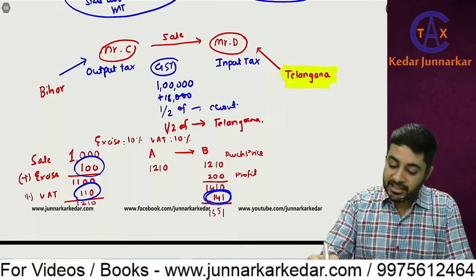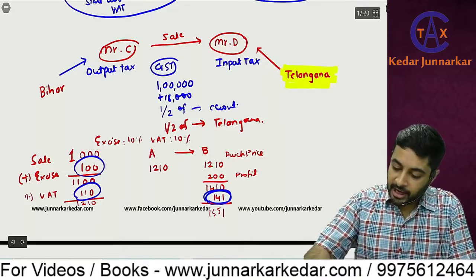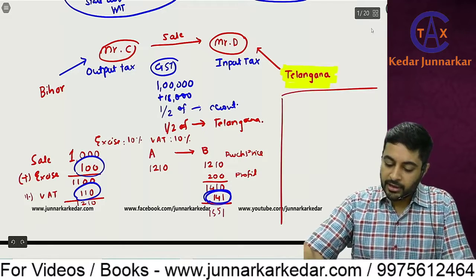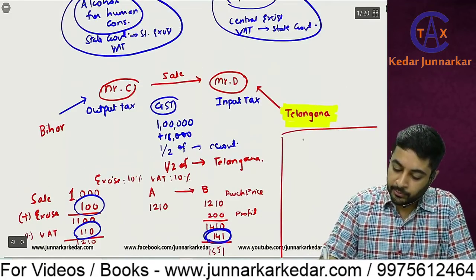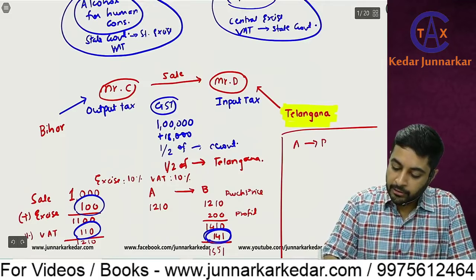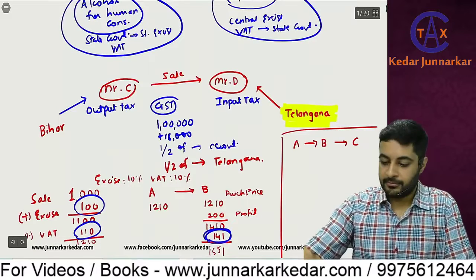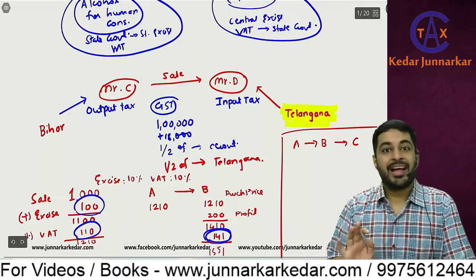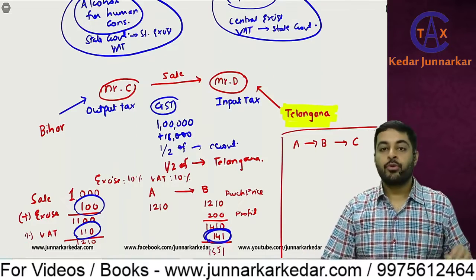Okay, under GST what has happened? I'll just write. I hope you are copying everything. So let's say A to B and B to C, and we'll assume that GST rate is 10%. Actually there is no 10% rate, this is only a hypothetical rate.